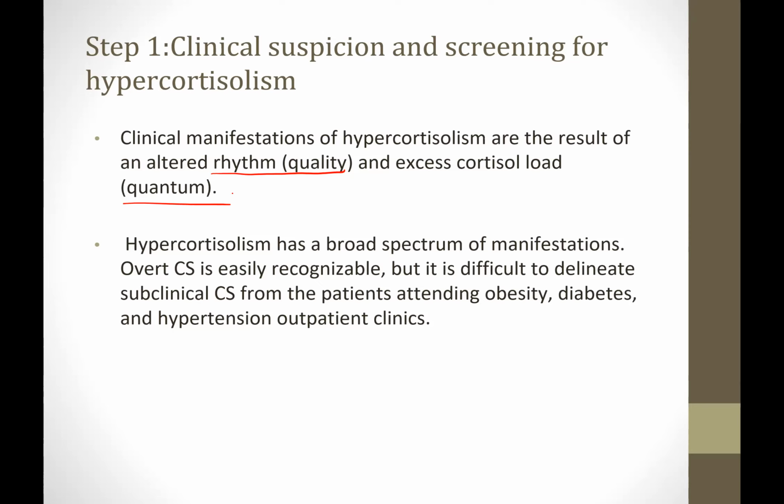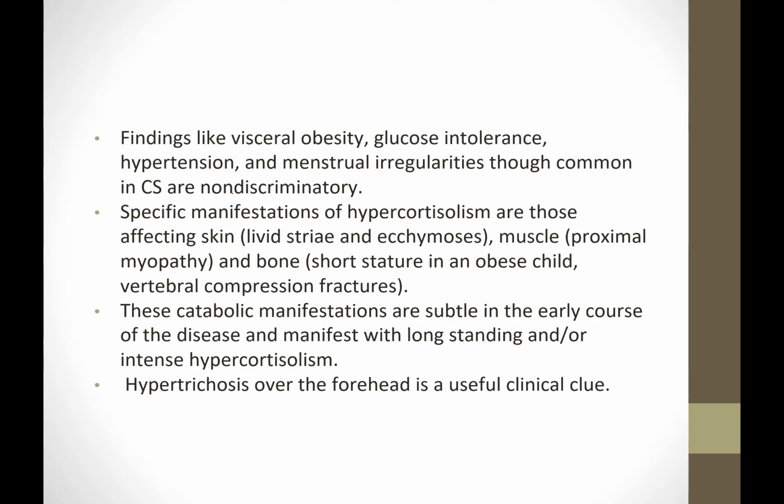Now the clinical manifestations of hypercortisolism should be established. These are because of two reasons. Is there a disturbance in the quality, that is the circadian rhythm, or in the quantity? Both can lead to Cushing's features. Findings like visceral obesity, glucose intolerance, hypertension, and menstrual irregularities, though common in Cushing syndrome, are non-discriminatory.